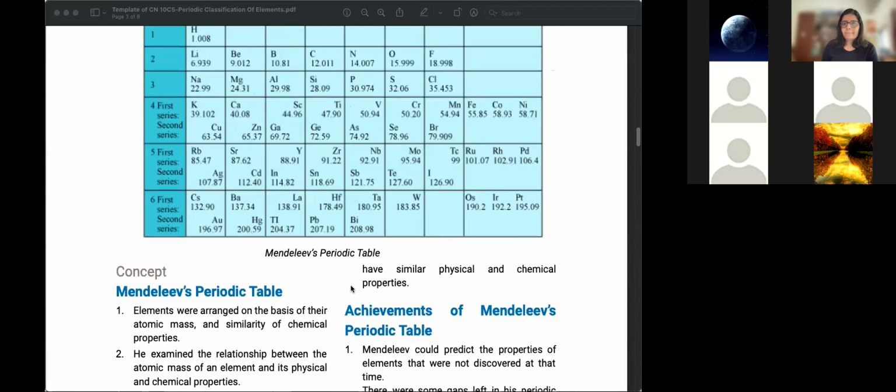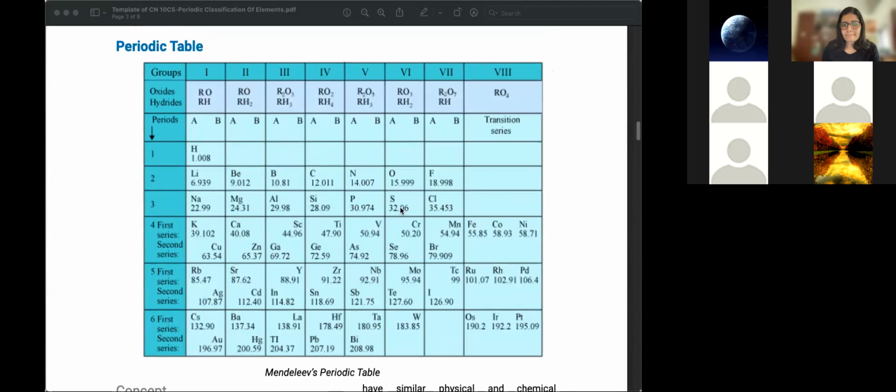Ma'am, in the table, in the 8th group, were there 3 elements in the 8th one? Nice, very good question. So all of these elements formed oxides in the form of RO4, and they're very, very similar in their physical and chemical properties. There is a marked difference between sodium and magnesium.